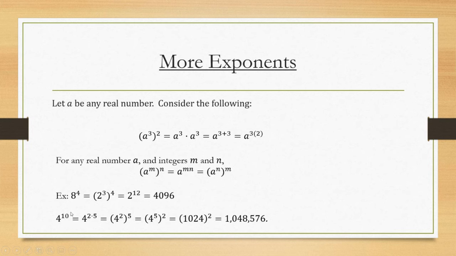Same idea over here, 4 to the 10th, right? Well, 10 is 2 times 5. So this is the same as 4 squared raised to the 5th. And that's also the same as 4 to the 5th squared, right? And that's just equal to this. I just threw that in there to demonstrate the rule. Again, you probably have seen the rule before. If you haven't, that's okay also.